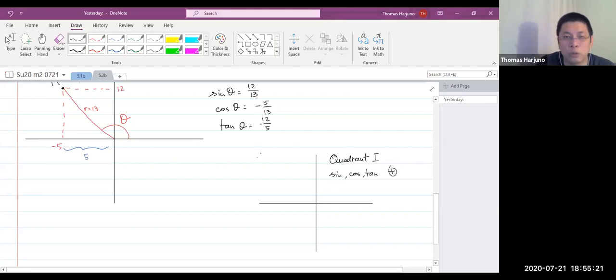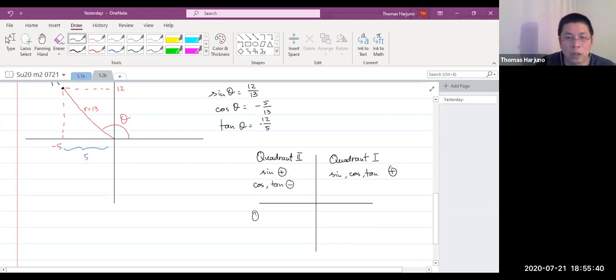In quadrant 2, the y is positive, but the x is negative. So in quadrant 2, you will see only sine is positive, yet cosine and tangent are negative.